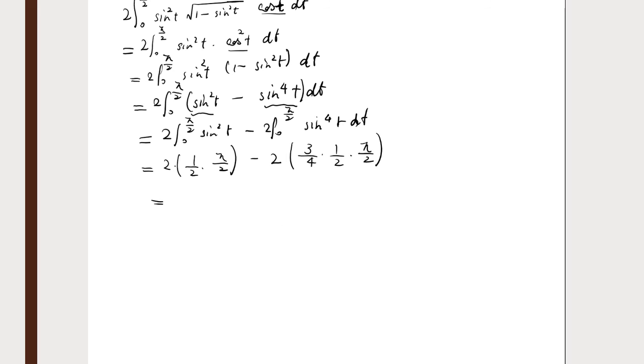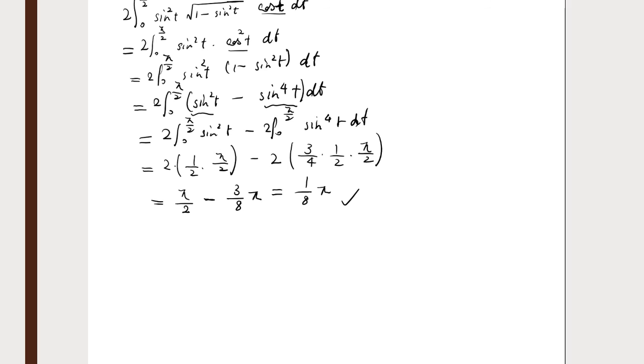What we're going to have is, so this one is going to be pi over 2 again. And this one is going to be this. And finally, we're going to have 1 over 8, or 1/8 pi. Yep. So that's the final answer.